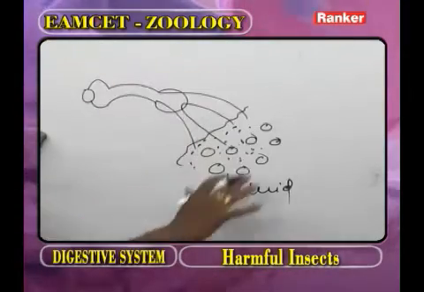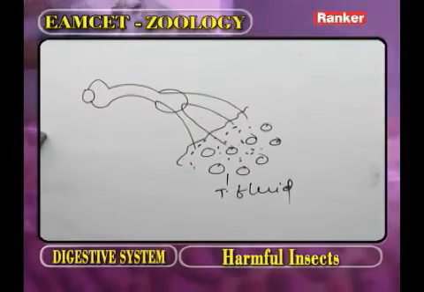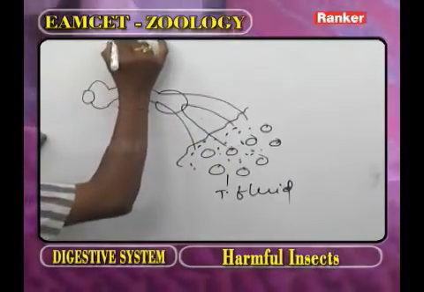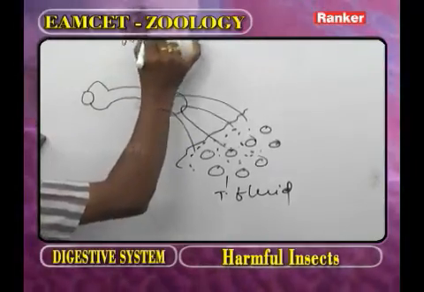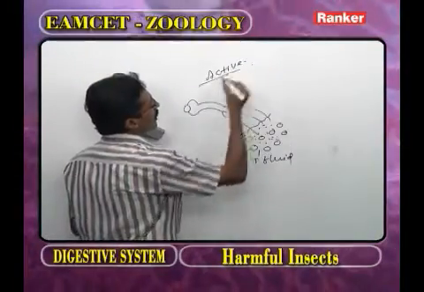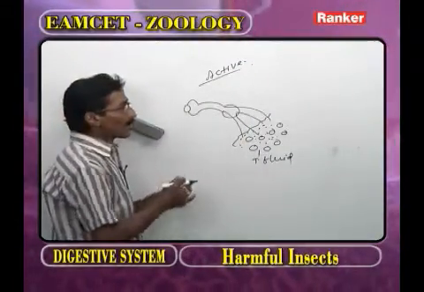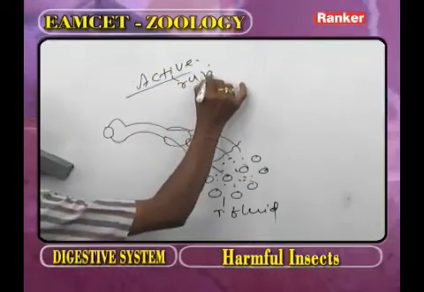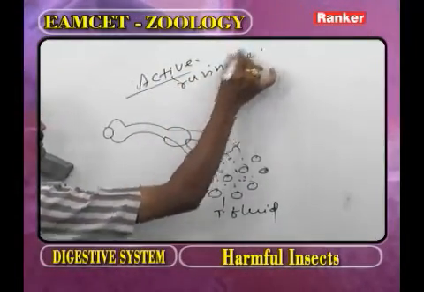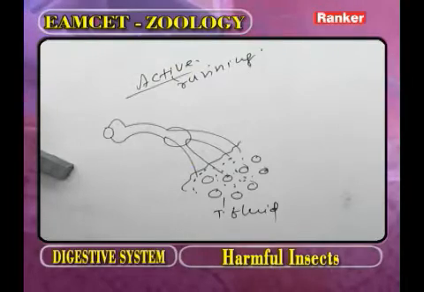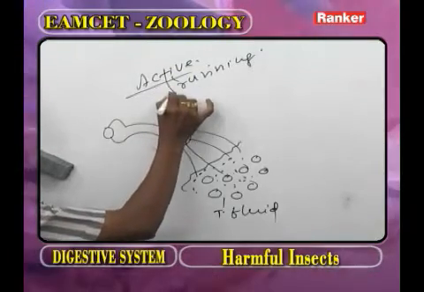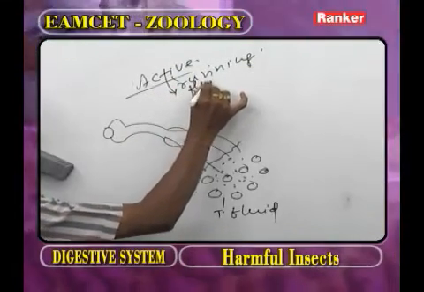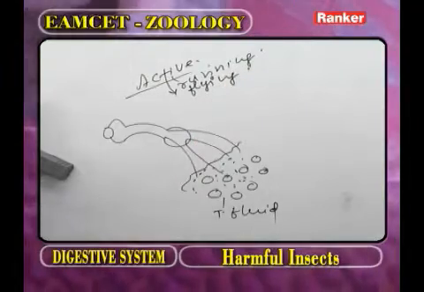Now as we observe the process of respiration, whenever the cockroach is active, what are the examples of active? One is running. The cockroach runs very fast, it is called cursorial. The second one is flying.